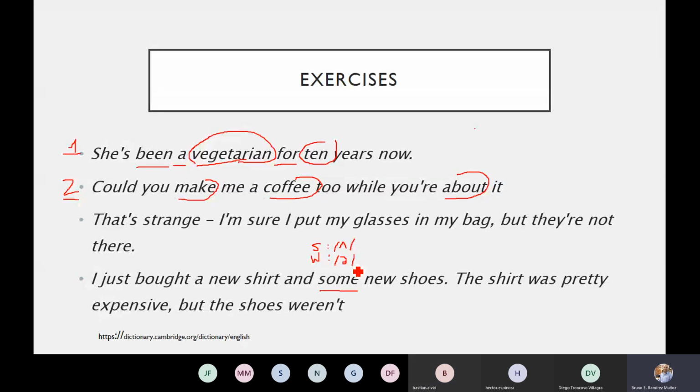In this case, the form that we should prefer should be the weak form. So, I just bought a new shirt and some new shoes. Some new shoes. Some.